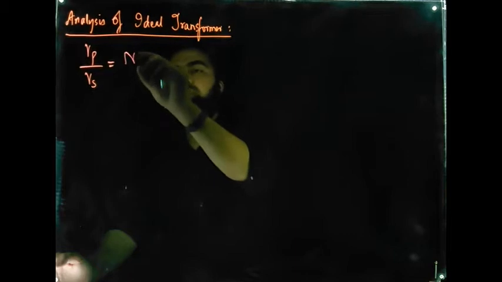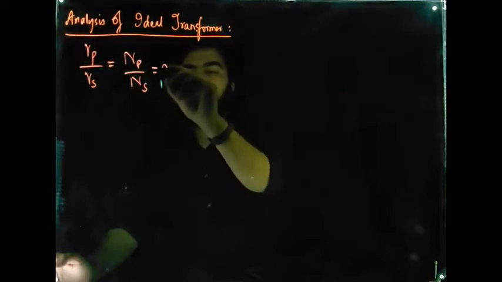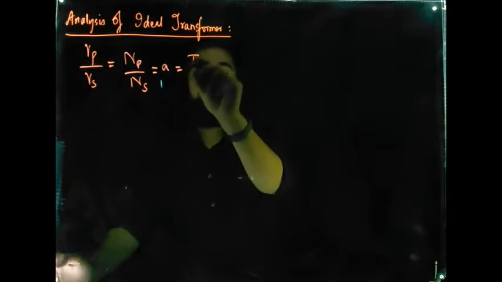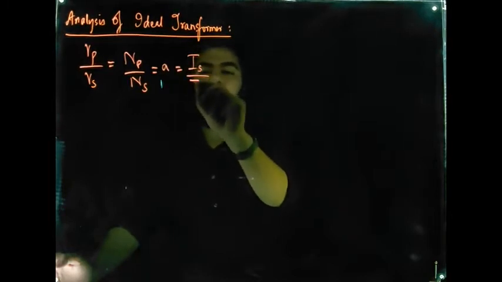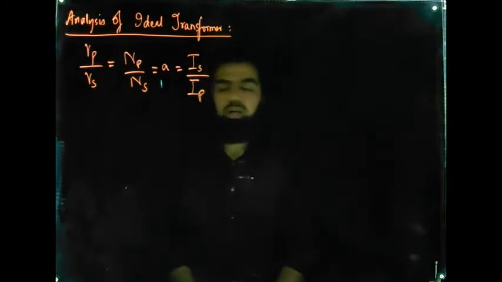Some things we discussed already in the last session. As I said to you, for an ideal transformer, the equation Vp divided by Vs is equal to Np divided by Ns, known as the turns ratio A, and also it is equal to Is divided by Ip. Fine. So this is your transformer equation.